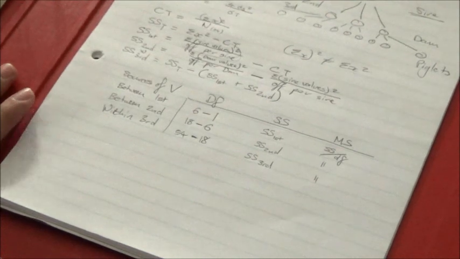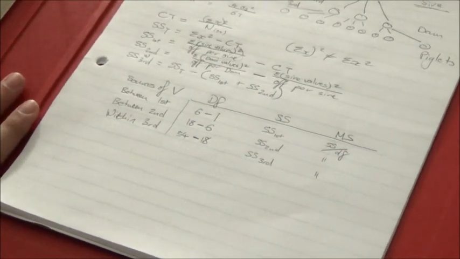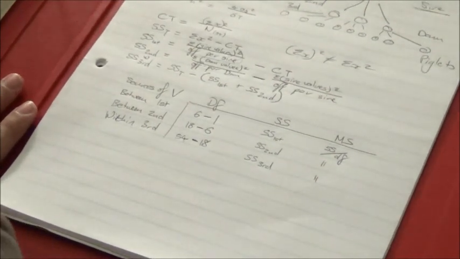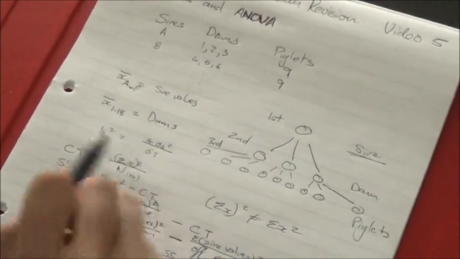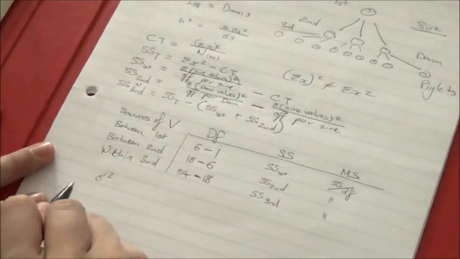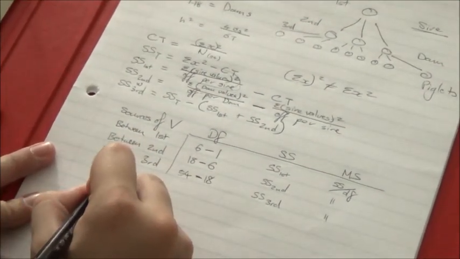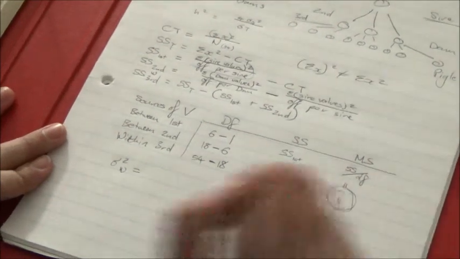The next step is that we have to start calculating our variances, in order to start looking for the values that make up this equation. So, first thing that we know for sure is our variance of our within value, or our progeny, or our third tier, however you want to talk about it, and that is this value here.